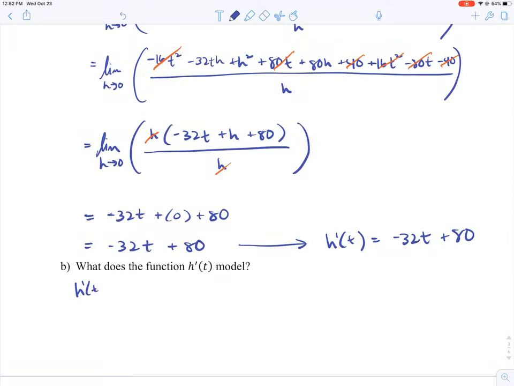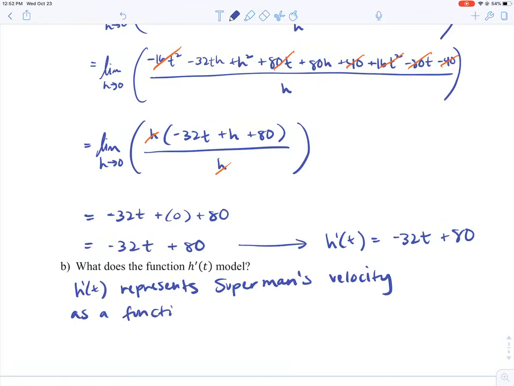So h prime of t represents Superman's velocity as a function of time.